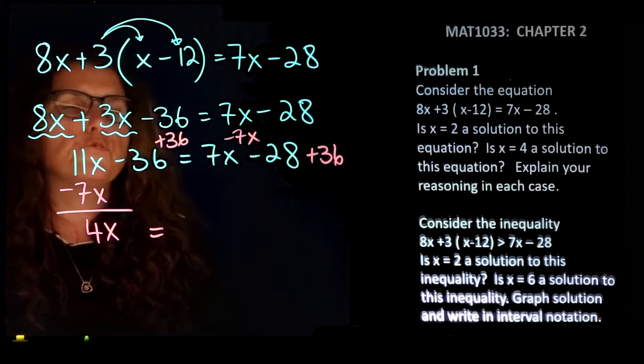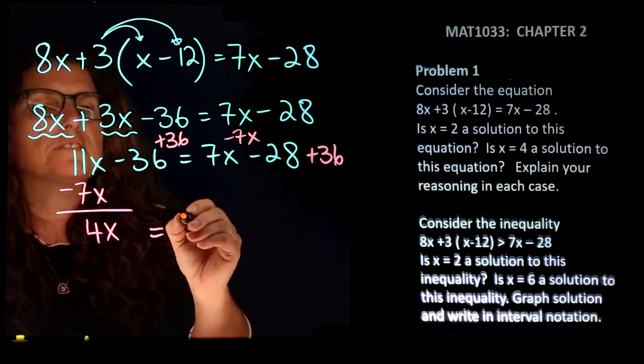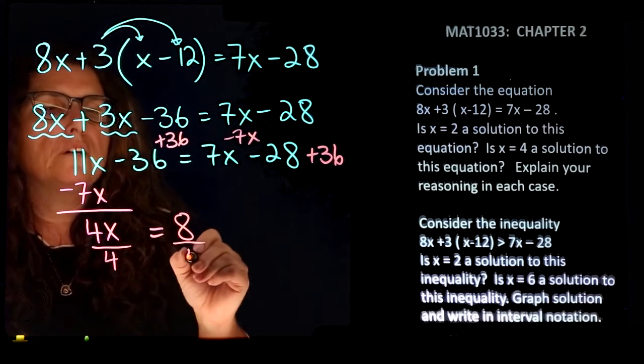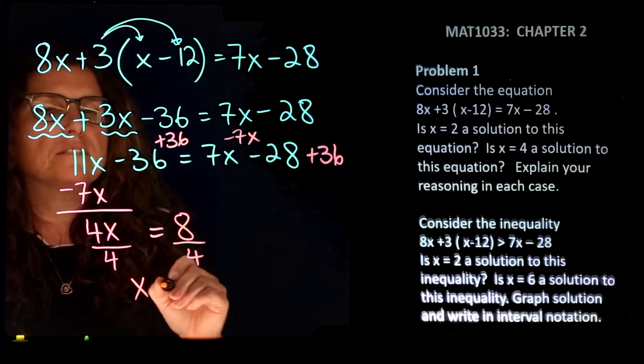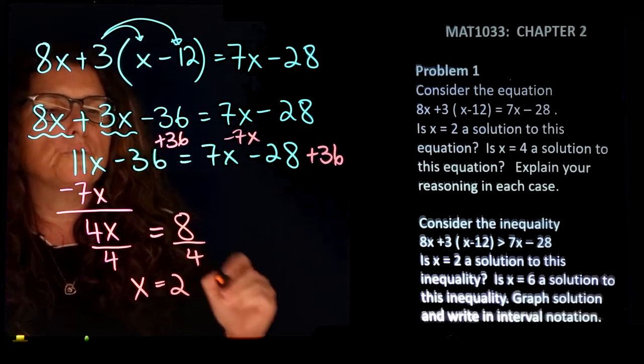So that leaves us with 4x = -28 + 36, which is equal to 8. We divide by 4, and we get an answer that says x = 2.